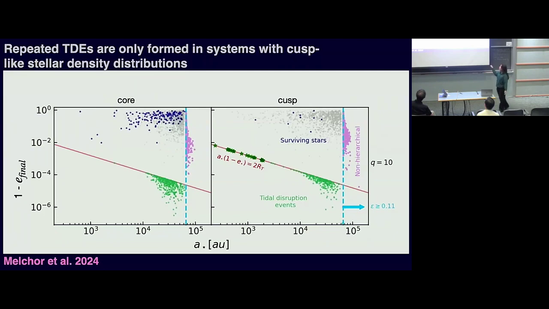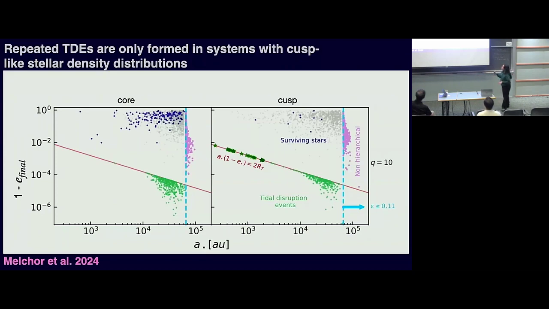In blue, these are stars we consider to survive. These are stars that basically remain in similar regions to where they began. The pink ones are stars that kind of got scattered off, we'll call it that. And then these green points are the ones that have crossed their tidal threshold. So these are all what we'll consider TDEs, right?